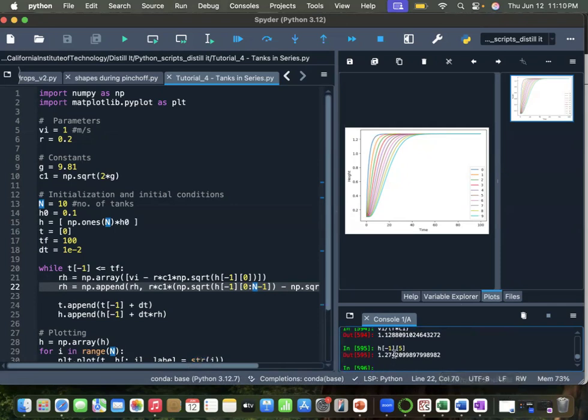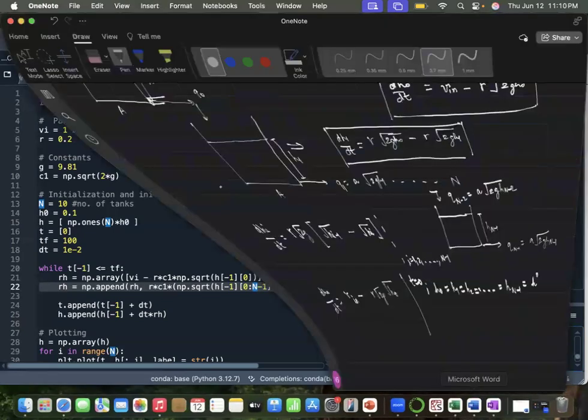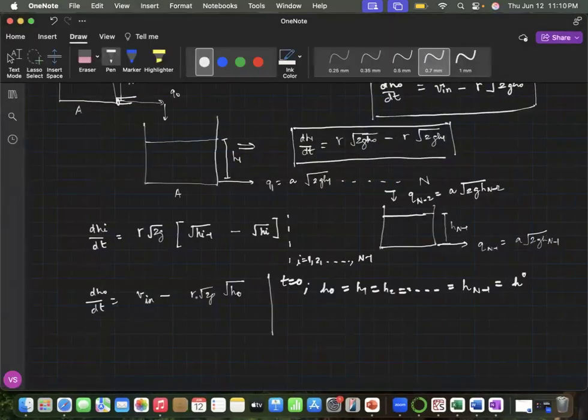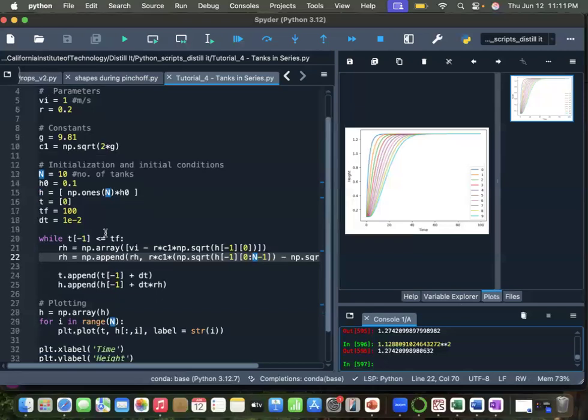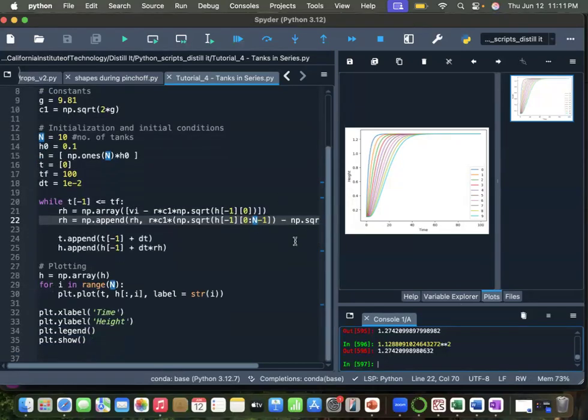I think I might have, okay, we'll have to square that, because v_in upon r times square root of 2g is going to be the square root of h0. Therefore the square of this thing is going to be the steady state height. Yeah, 1.2742. So that's the steady state height that we've achieved, and all of them are going to have the same steady state height, right? So that's an interesting observation that we have seen over here.